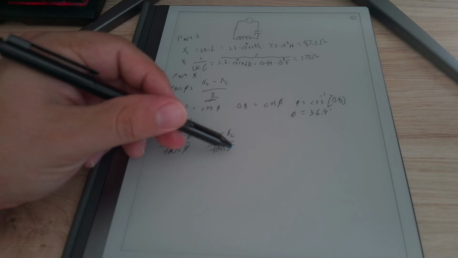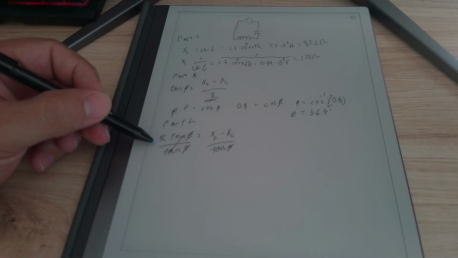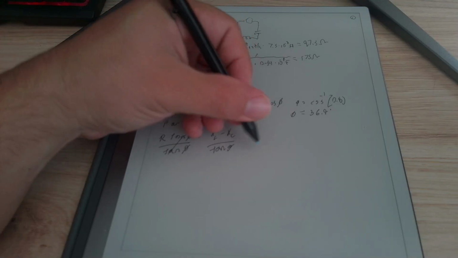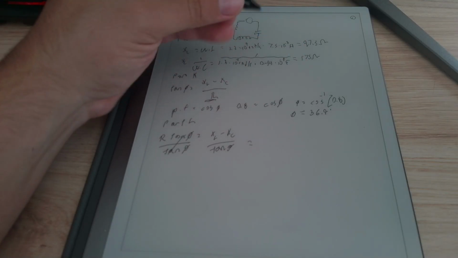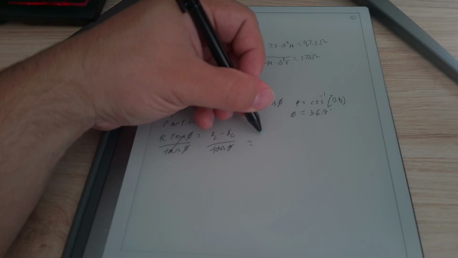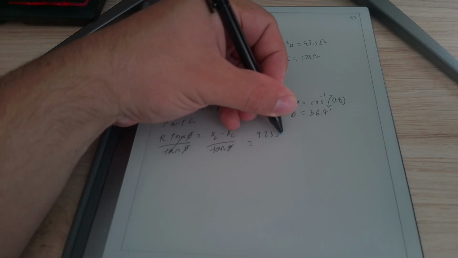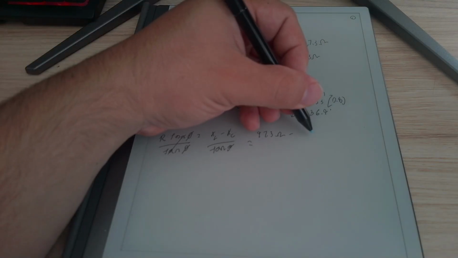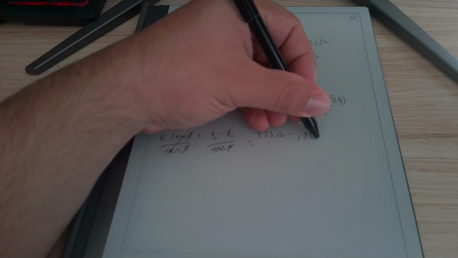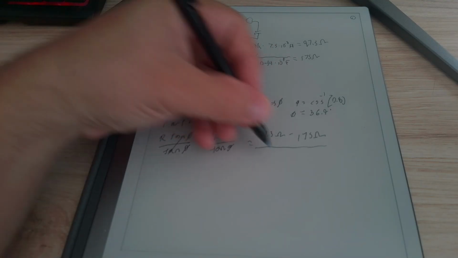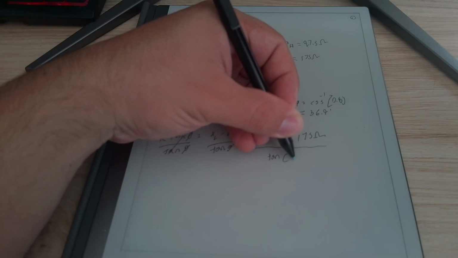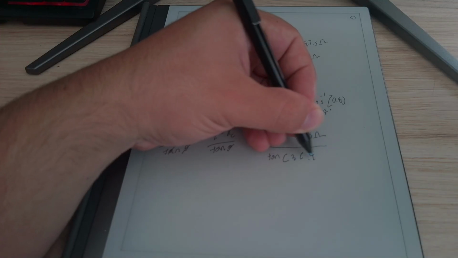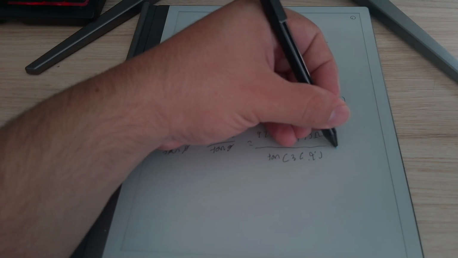There you go. So it's going to be equal to our XL, which is 97.5 ohms, minus 175 ohms, all over tangent of 36.9 degrees. Just throw it all into the calculator.